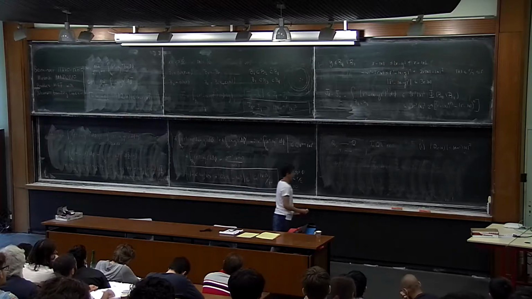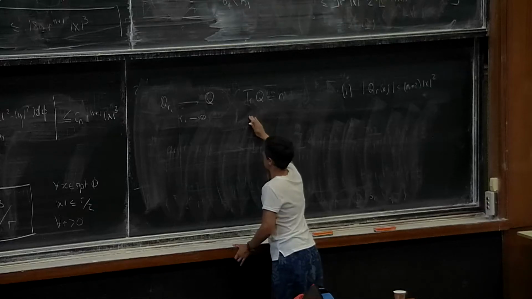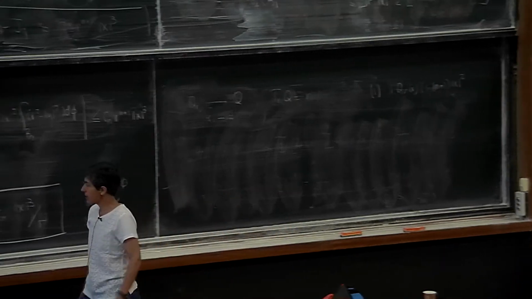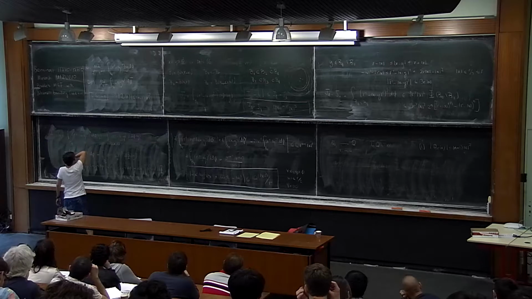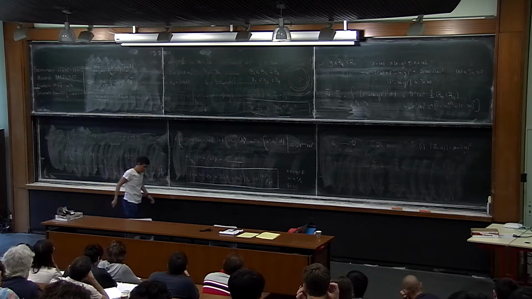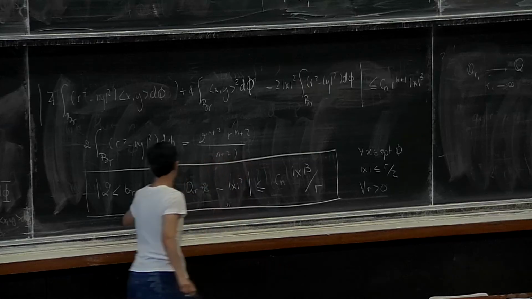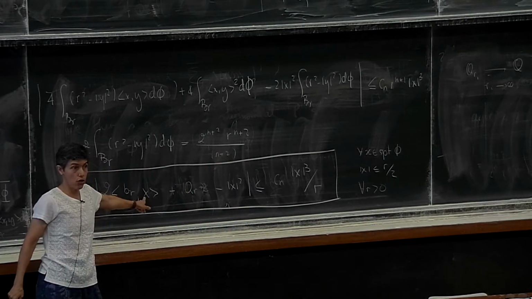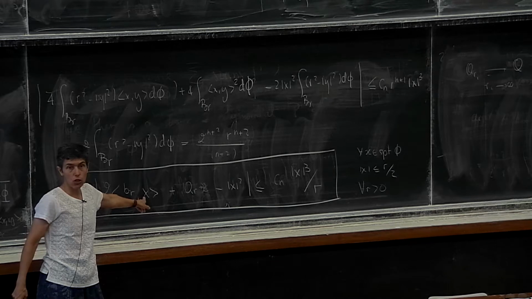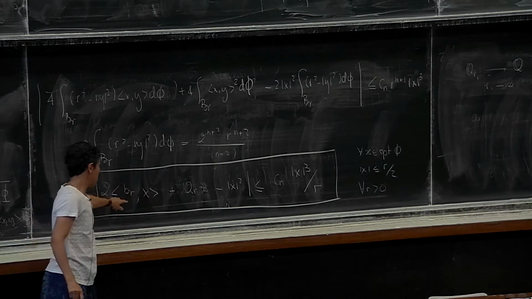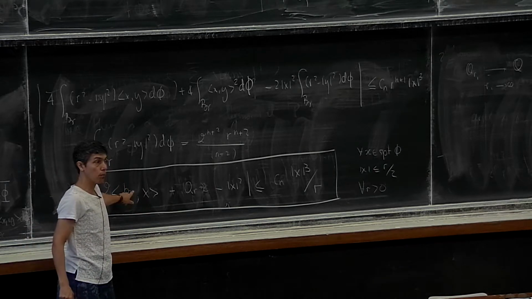Okay, let's stare at B_r. B_r is over there. I claim this converges, 2 B_r x converges also. I need to show, and I'm going to wave my hands a little bit, that B_r belongs to the support.